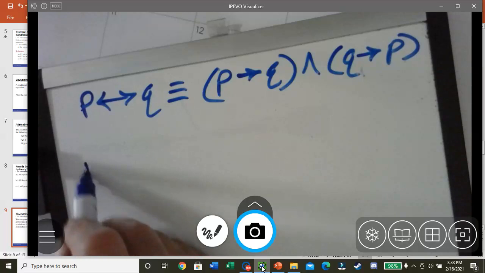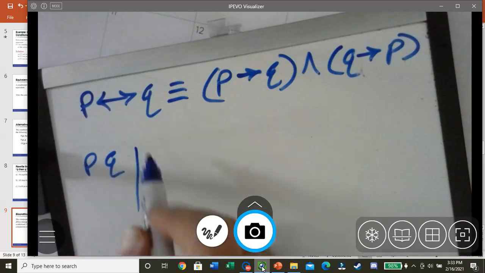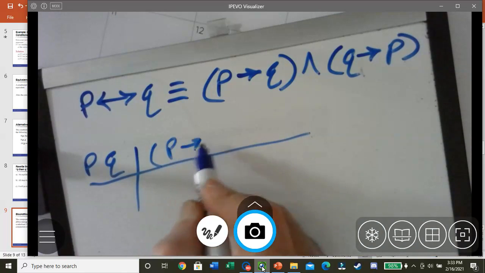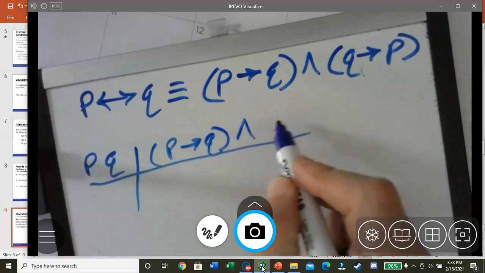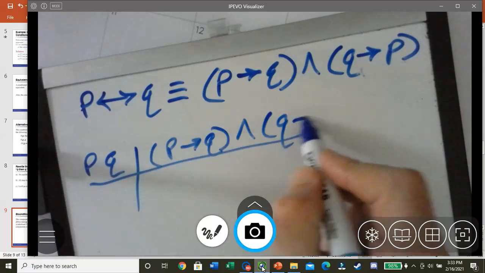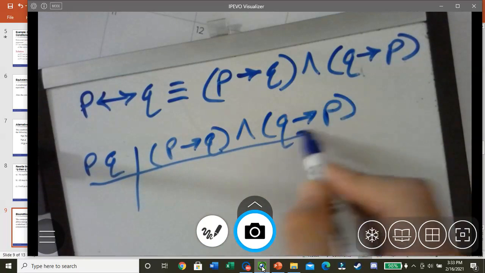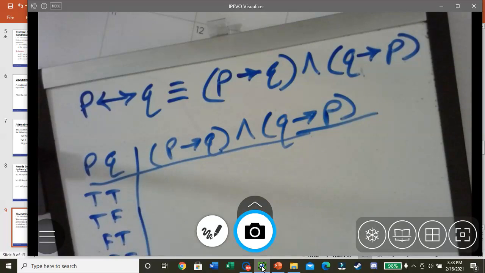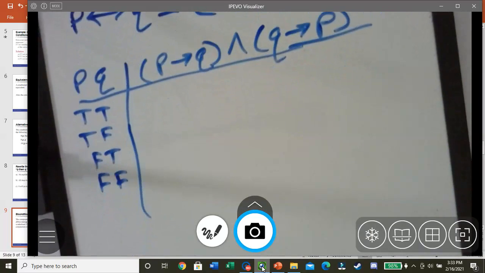Let's write this down, P and Q. So this will be if P then Q and if Q then P. Okay, so we got true, true, true, false, false, true, false, false. All right.